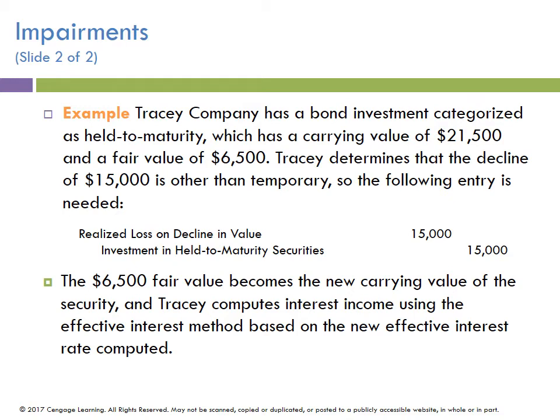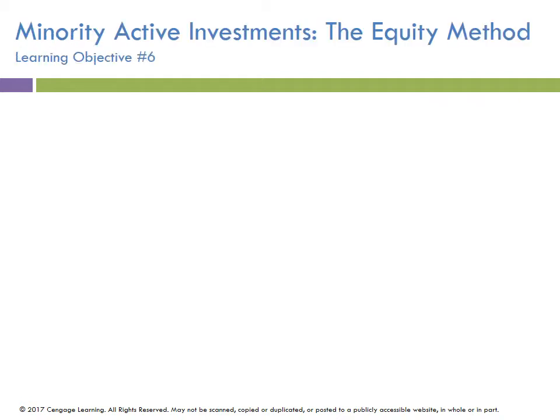The $6,500 fair value becomes the new carrying value of the security. Tracy computes interest income using the effective interest method based on the new effective interest rate computed. Okay, very straightforward with impairments.